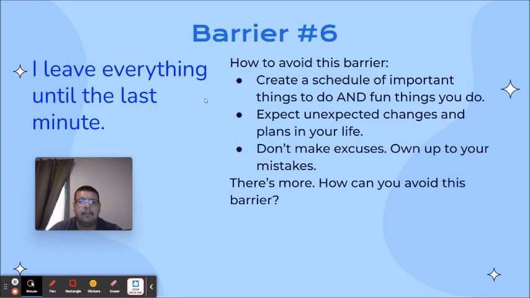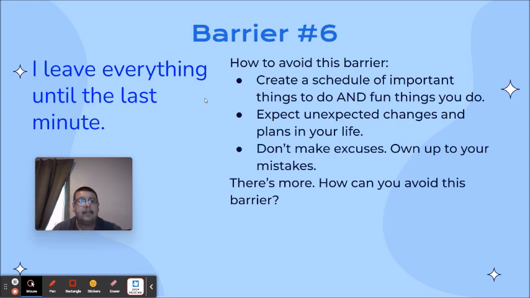Create a schedule of important things and make sure that you do fun things. Now create a schedule and, again, like I said before, prioritize the things that are important on your schedule. And once you start knocking those out, then start focusing on the ones that are fun to you. That way you feel like you accomplished something.